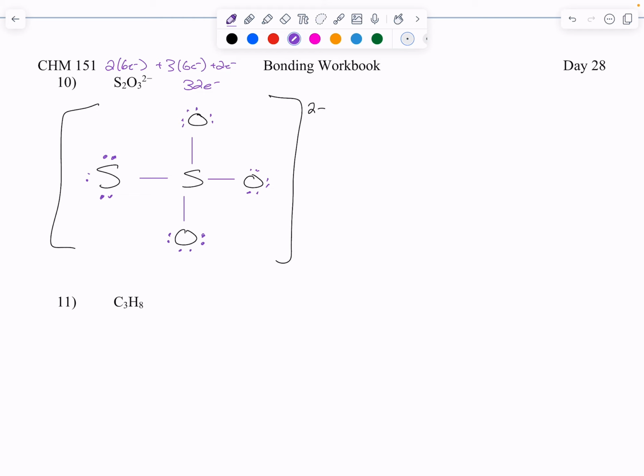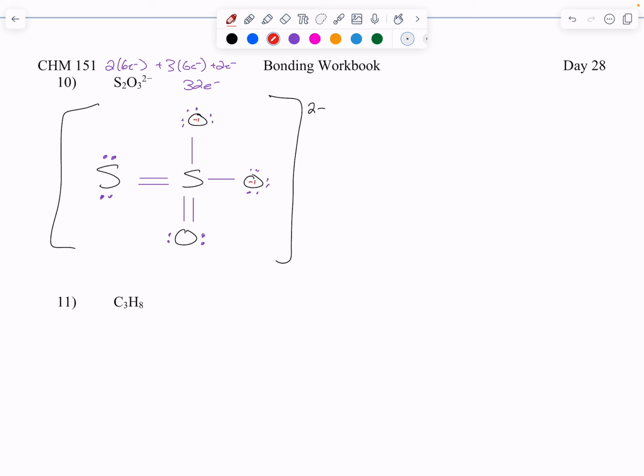Okay, I think we can reduce this. All right, formal charge now. I just have these two oxygens at -1.